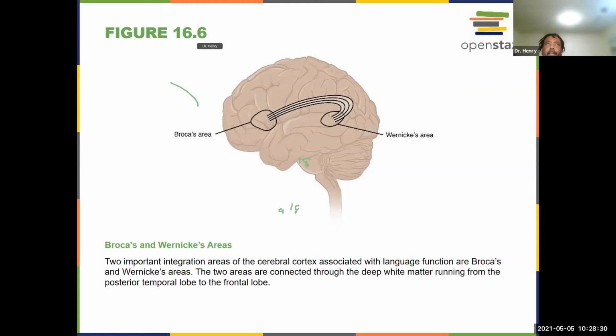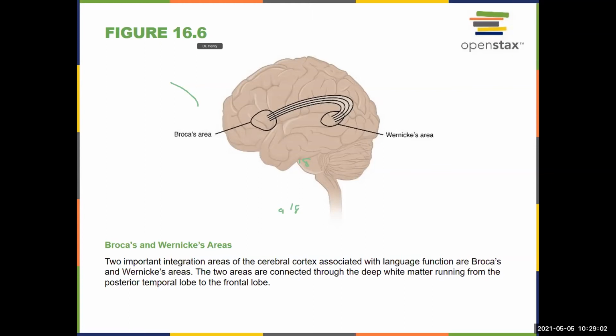So if the first region is being affected, you may go from a kid that normally spoke well, and then as a result of the infection that causes damage to the Broca area, that kid won't speak. And in the case of the Wernicke area, say that was affected, then that kid would have issues with understanding speech.